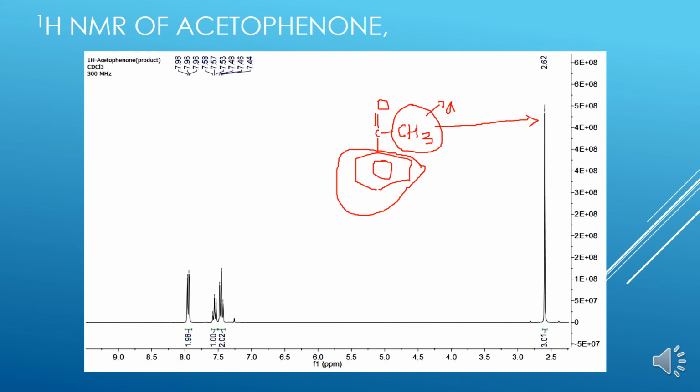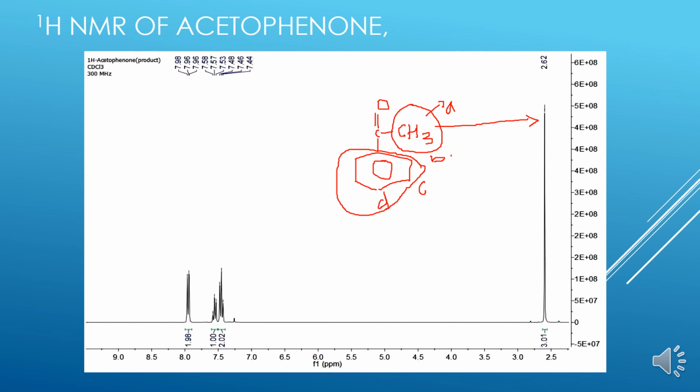This is the methyl group splitting. As far as aromatic protons are concerned, there are ortho protons, meta protons, and para protons. Ortho protons are labeled as B, meta protons are labeled as C, and para protons are labeled as D.